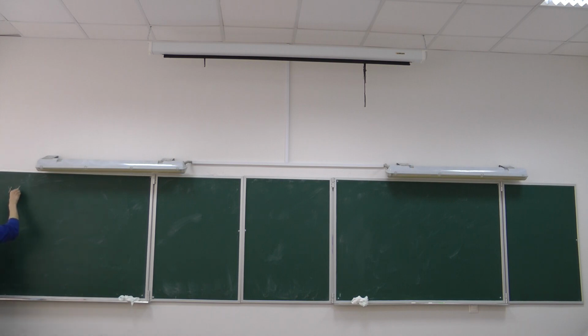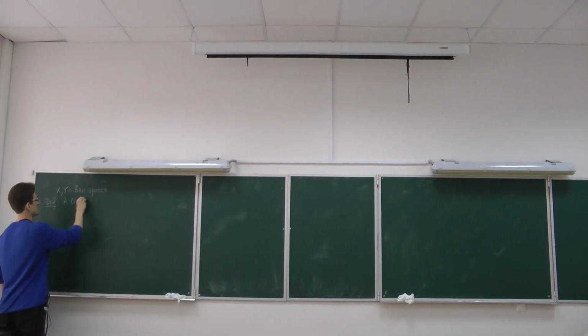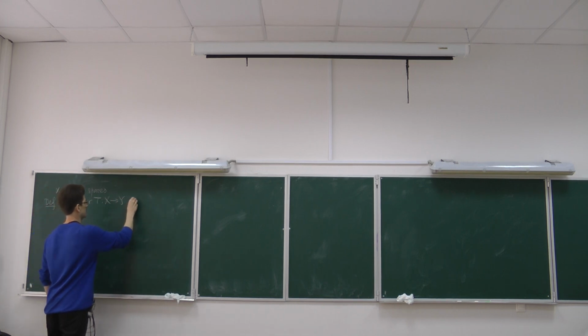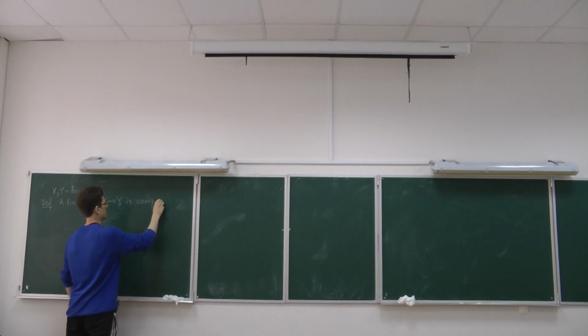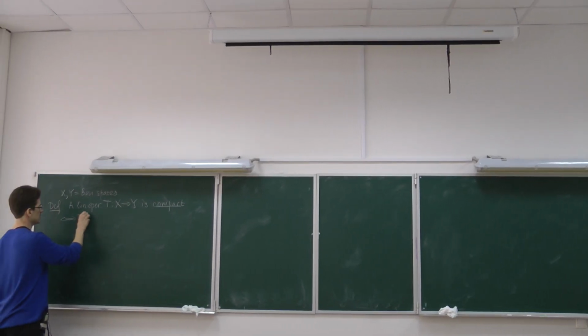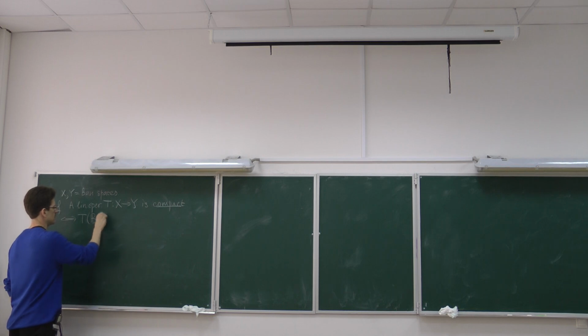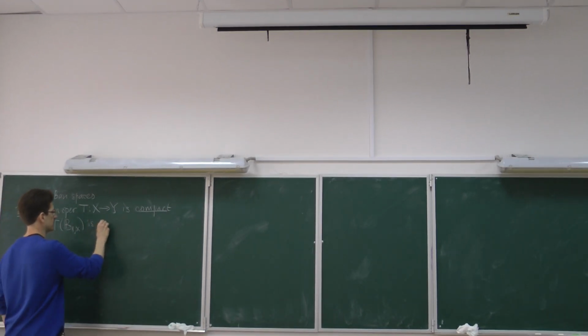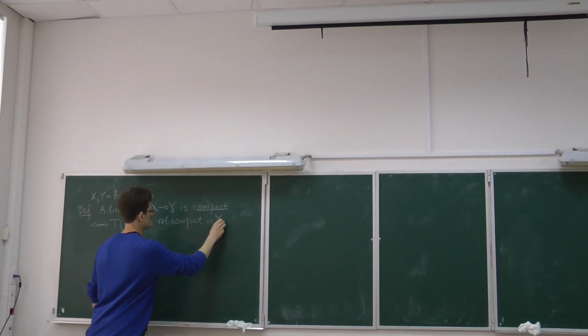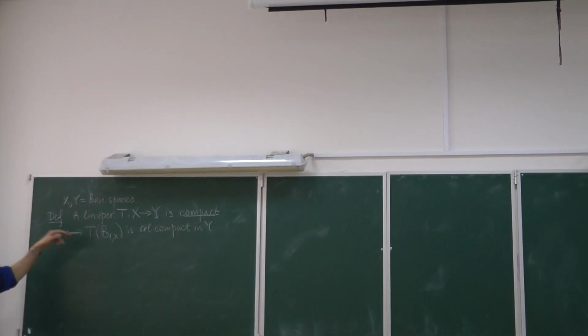Suppose that X and Y are Banach spaces, and we say that a linear operator T from X to Y is compact if the image of the unit ball of X is relatively compact in Y, which means that the closure of this set is compact.